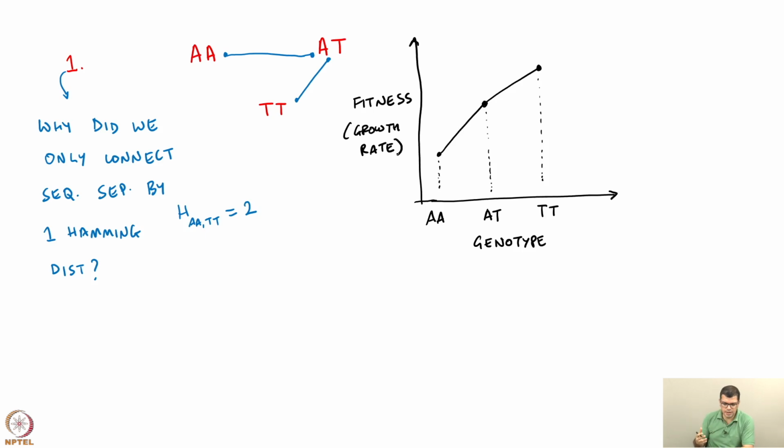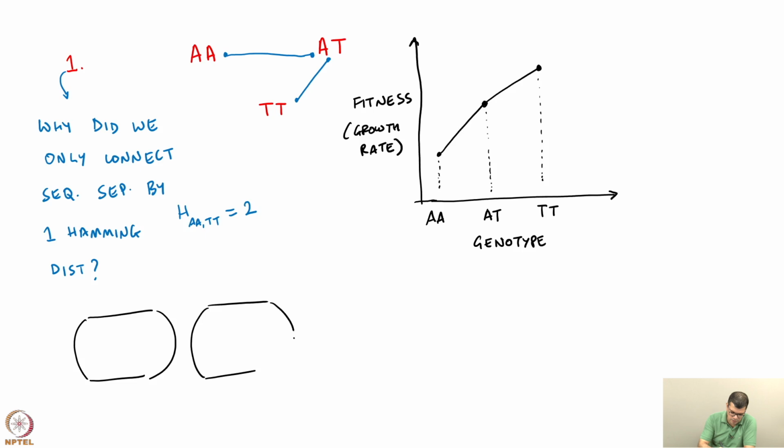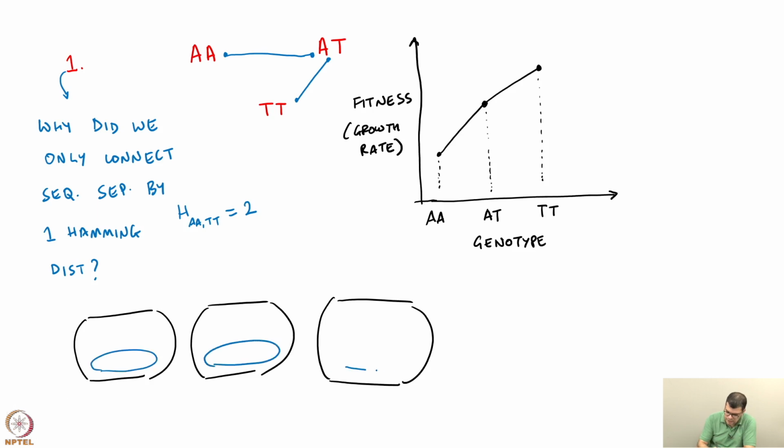Now, one question that may arise amongst you is how can bacteria only have sequences which are of length 2? So, the way to think about this is that imagine 3 bacteria, and they have their genome, and the genomes are identical everywhere.